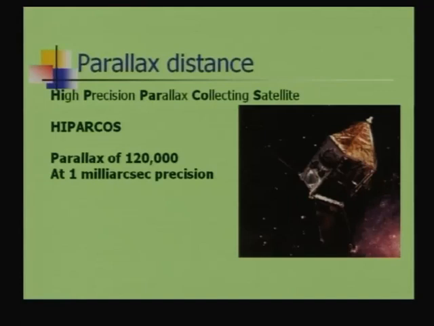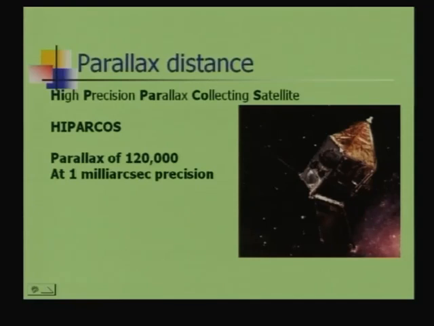The full form is given over here. This shows you a picture of the satellite Hipparcos, which was launched with the purpose of measuring the parallax angle of stars at a high level of precision.